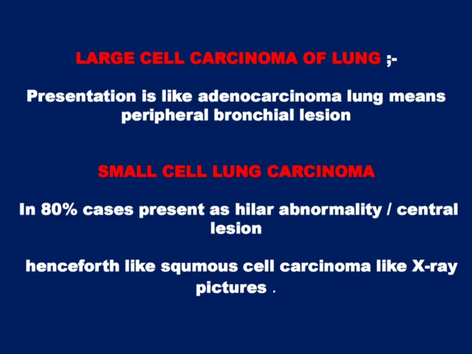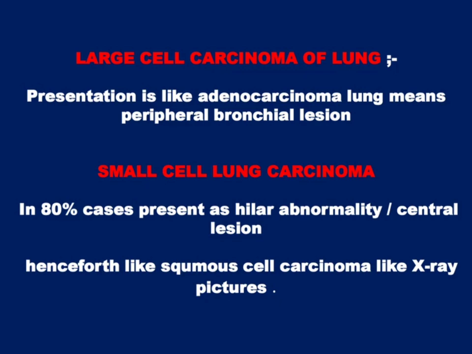And what are the extrapulmonary metastatic symptoms? Brain metastasis presents with hemiplegia, fits, headache, vomiting, confusion. These are indications that a patient has a brain metastasis. Lung cancer also presents with paraneoplastic syndrome. What is paraneoplastic syndrome? It occurs because of excess hormone secretion by the lung cancer.